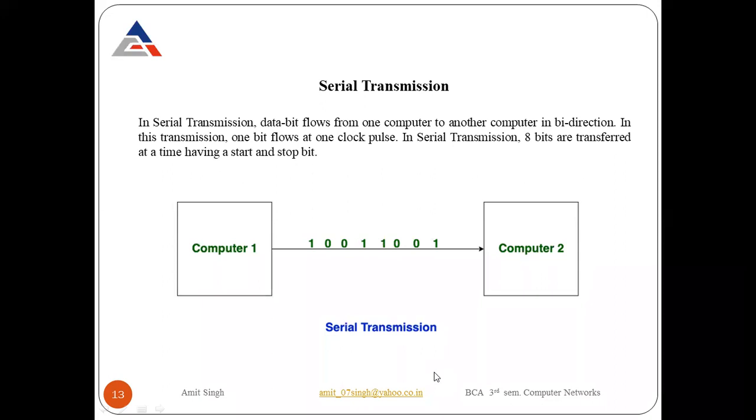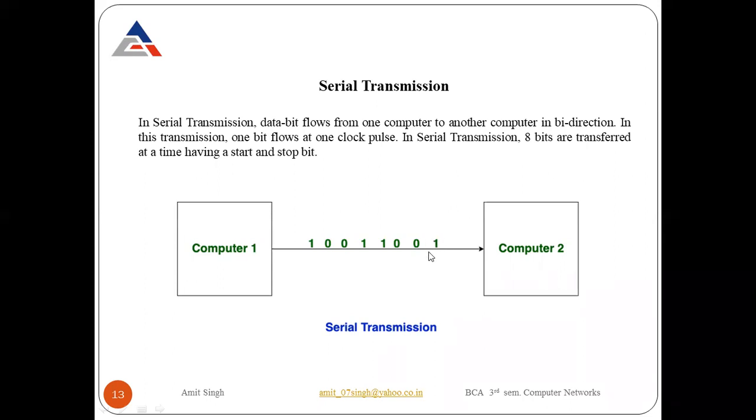When data is sent bit by bit, one after the other in this form, this is called the serial transmission. Now look at the diagram. Computer 1 is there, this is computer 2, and they send the data. Sending the data means they are sending it in the form of zeros and ones.